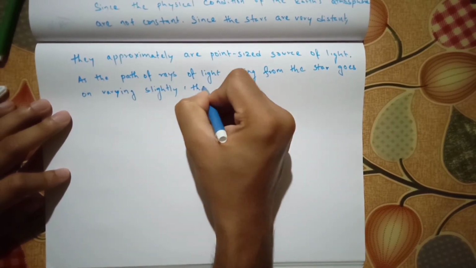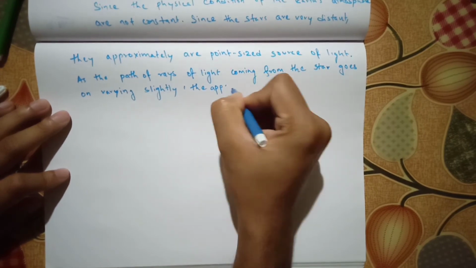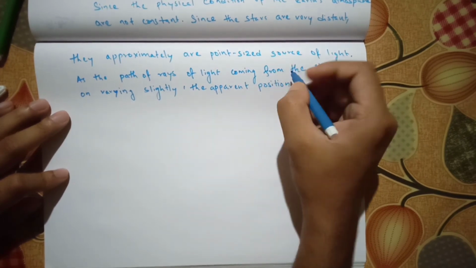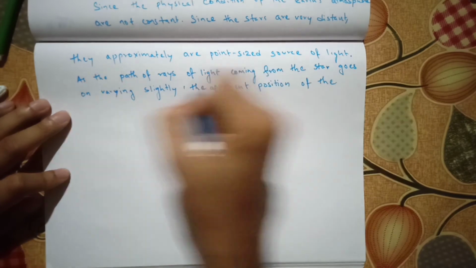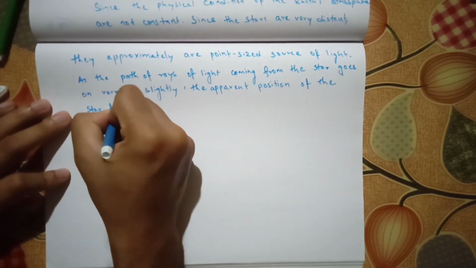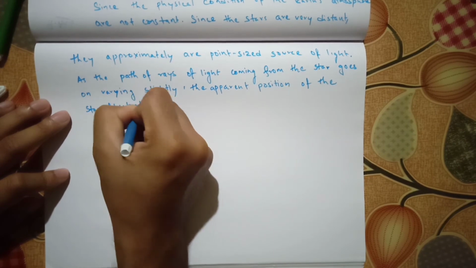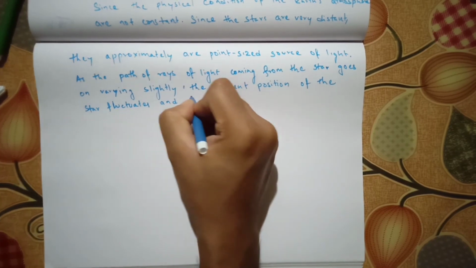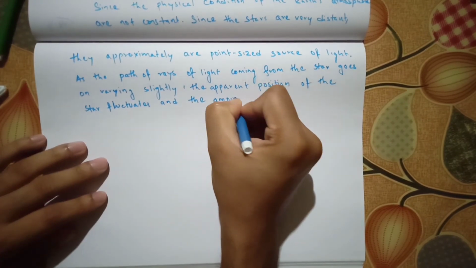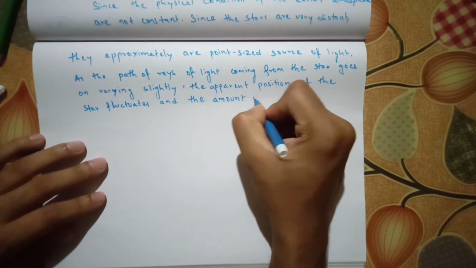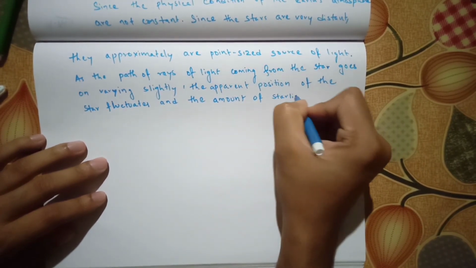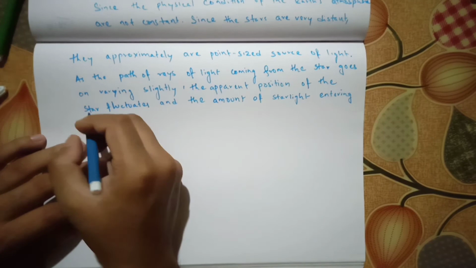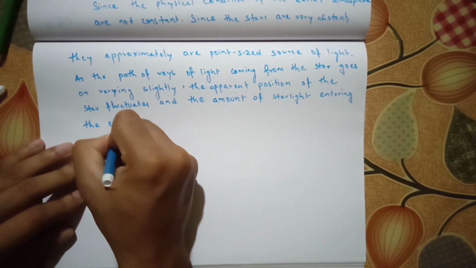the apparent position of the star fluctuates and the amount of starlight entering the eye flickers.